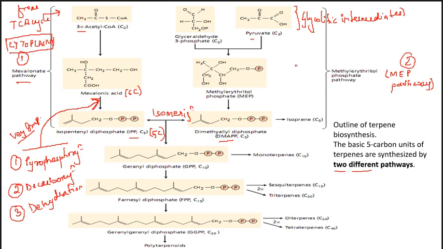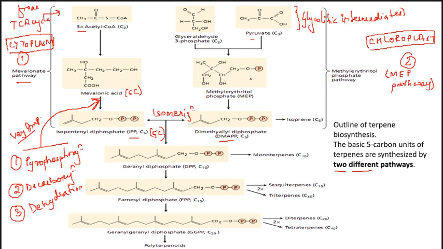And the methyl erythritol pathway occurs in the chloroplast. In the methyl erythritol pathway, this can be formed from the intermediates of glycolysis or the photosynthetic carbon reduction cycle.